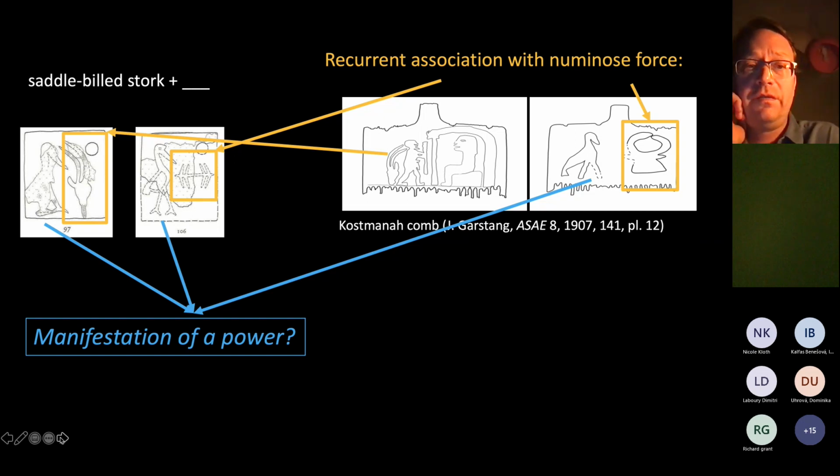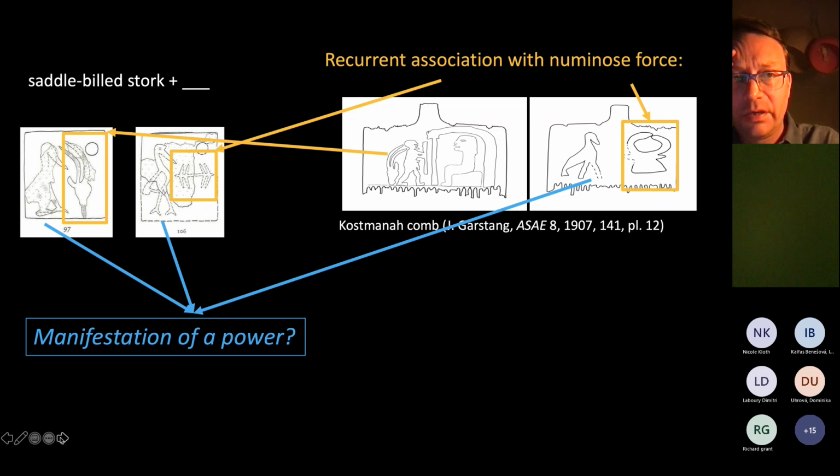And on these 2 tags of UJ, and on the right-hand side in the Costanza comb, you find it associated with a gazelle head, which you find on the Coptus colossi. So that is to do with numinous force, the Min emblem, which is to do with numinous force anyway, and the bat emblem on the Costanza comb likewise.